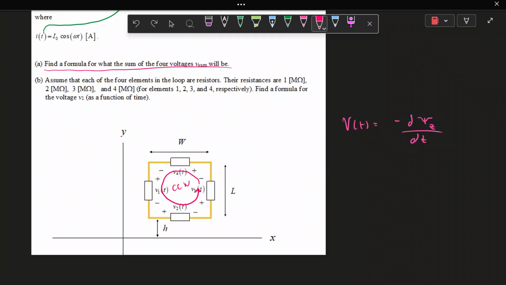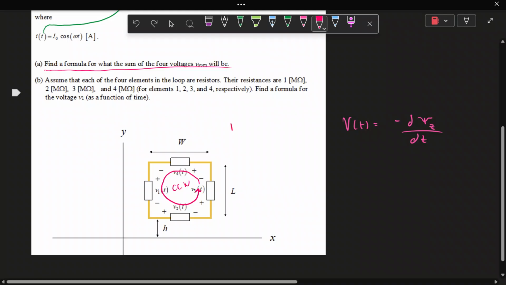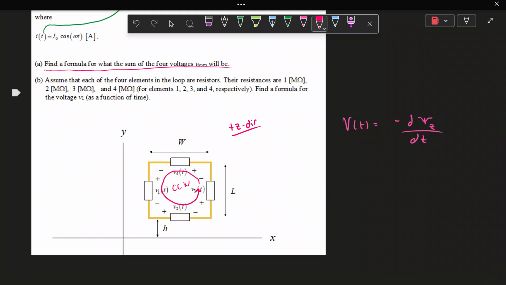So your thumb will be pointing out of the screen, in the positive z direction.